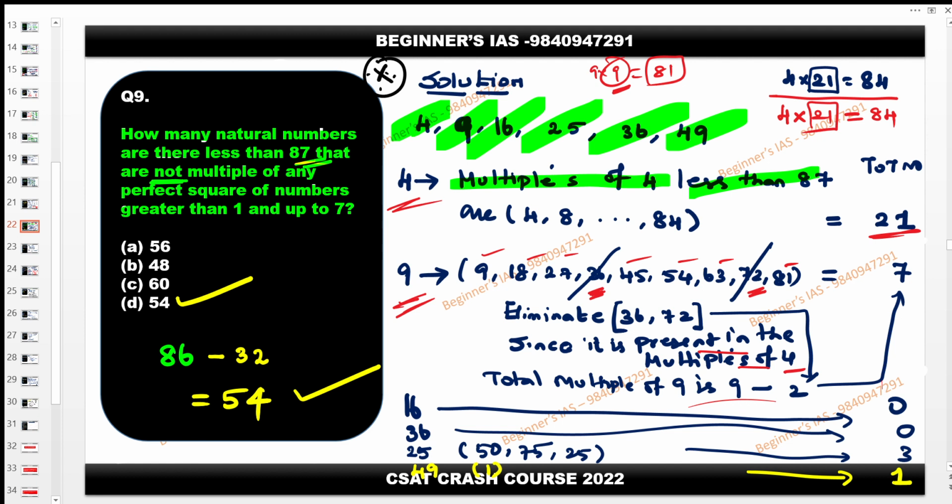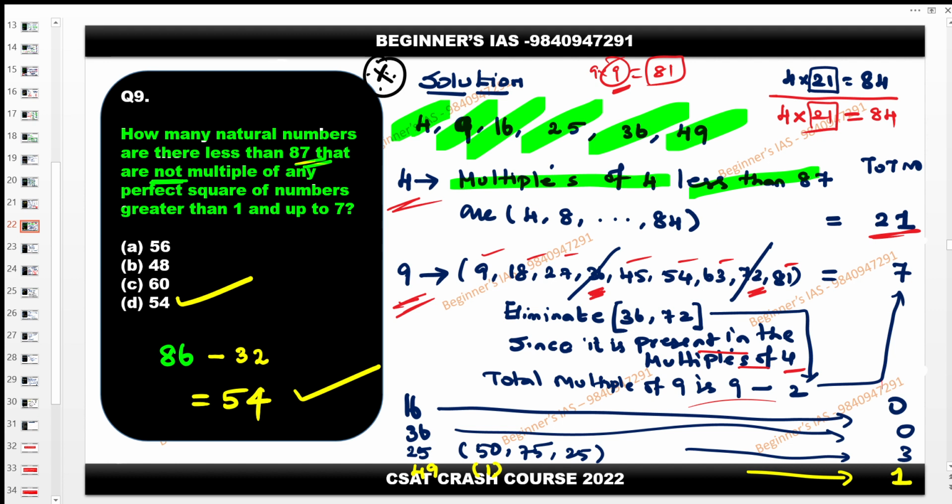So if the question were asking how many natural numbers less than 87 are multiples of a perfect square number, then the answer is 32. But the question is not asking for the multiples. Therefore what we need to do? Less than 87 means up to 86, so total 86 numbers are there.